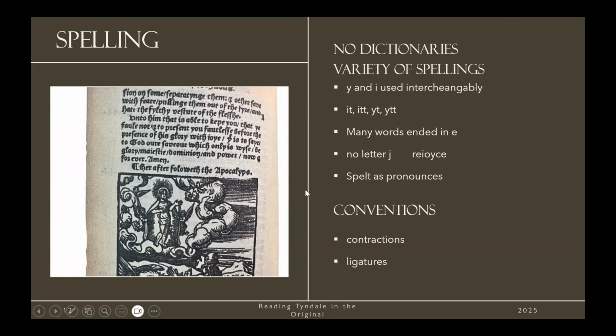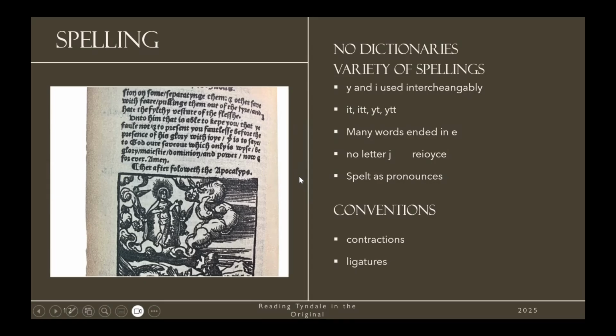I found the word "it" spelt 4 different ways, with I or Y or single T or double T, but it's clearly "it" in every case. We would see a word spelt one way, and on another page it would be spelt differently. And of course, now we look at that and say, it's not consistent. But they didn't have the dictionaries then, and so words were spelt how the writer was used to spelling them, and someone else might spell another word another way.